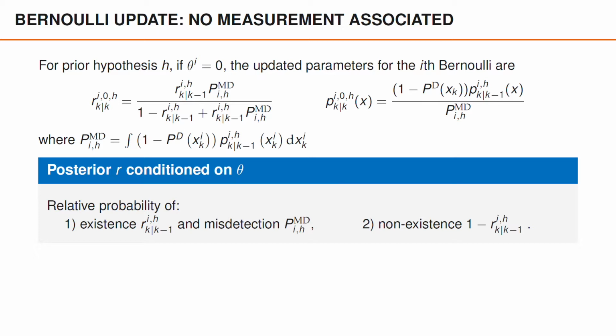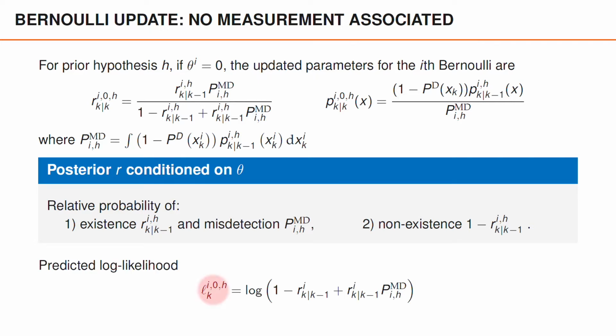And then we have that the object does not exist. And if the object did not exist, then of course it would not cause any detection. And the probability of this is of course 1 minus the probability of existence. When a measurement is not associated, the predicted log likelihood is the logarithm of 1 minus the prior probability of existence plus the probability of existence multiplied by the probability of misdetection.